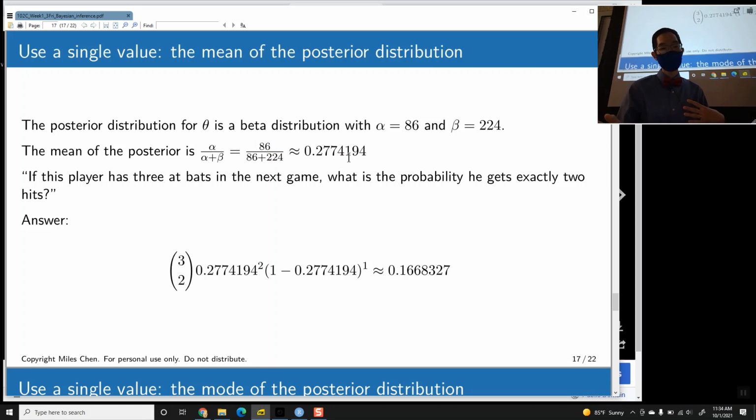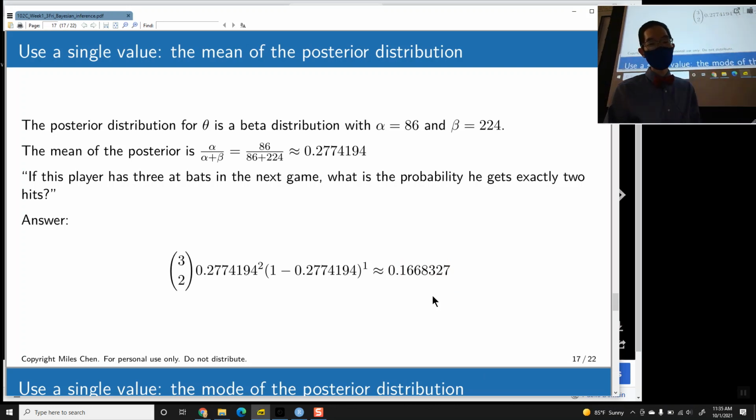That's the mean. So let's plug this in: 3 choose 2, 0.2774 to the second power, 1 minus 0.2774 to the first power. We get 0.1668, and that's simple. You take one value, you plug it in, and you say, this is my answer. We're using the mean.